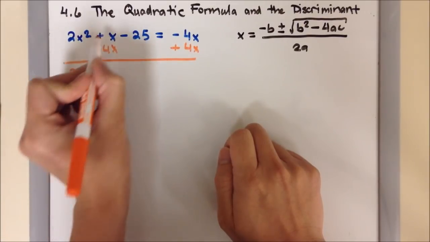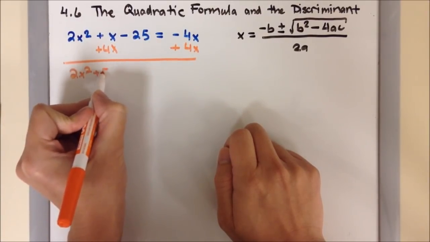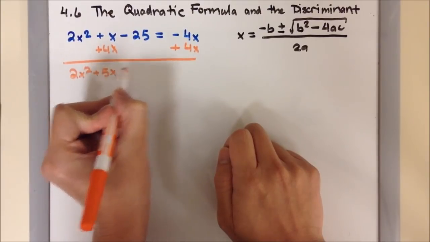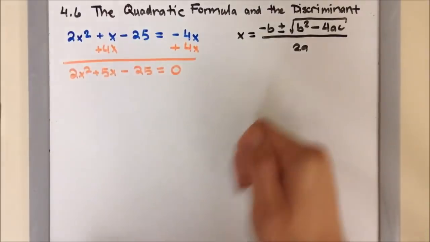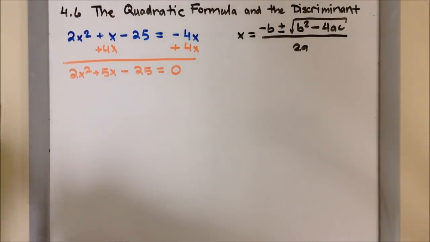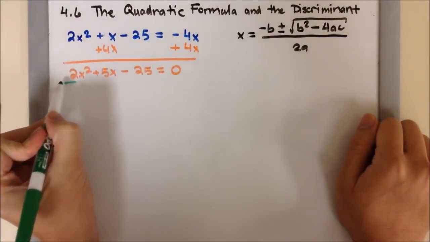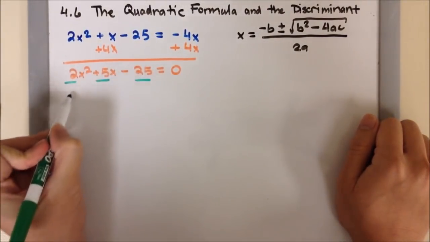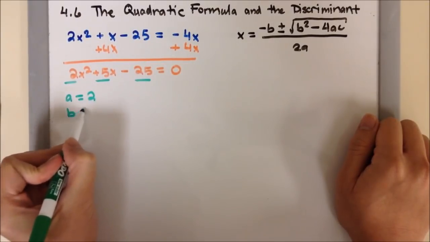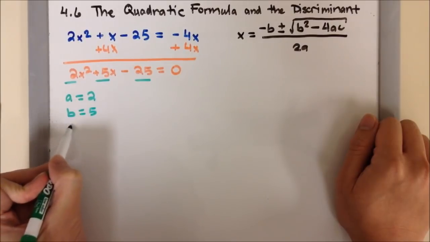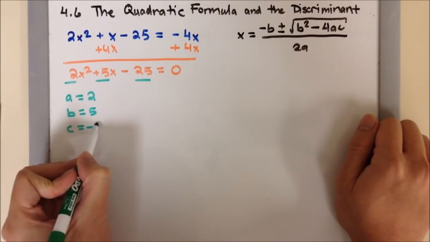Combine like terms, so x plus 4x will be plus 5x, and then minus 25 equal to 0. When one side is 0, I'm going to identify our ABC. So A is 2, B is 5, C is negative 25.